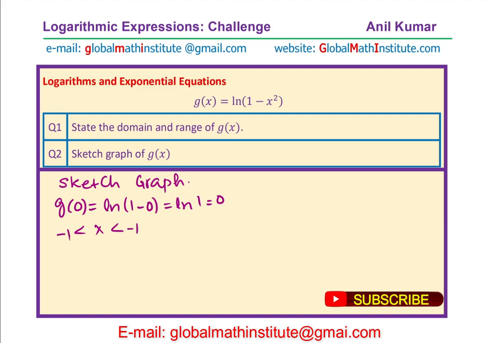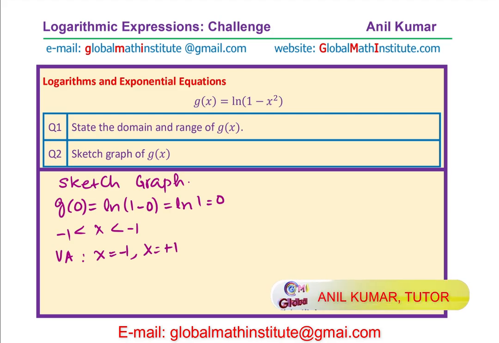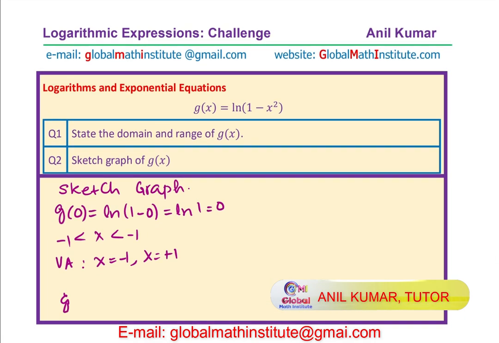So we have asymptotes, right? We have vertical asymptotes at x equals minus 1 and x equals plus 1, correct? You will also notice that this function is even in nature, right? So we also know that g of minus x is equal to g of x, and therefore we have an even function.